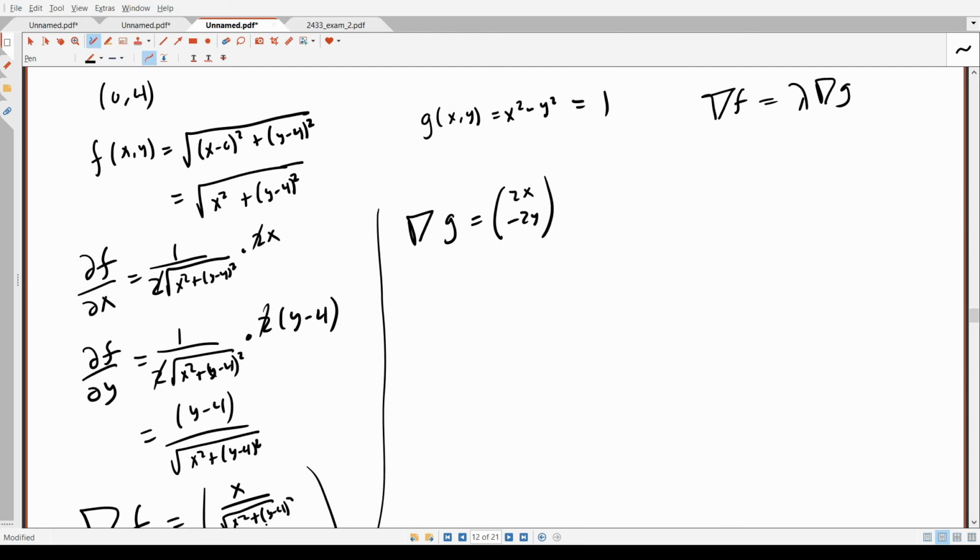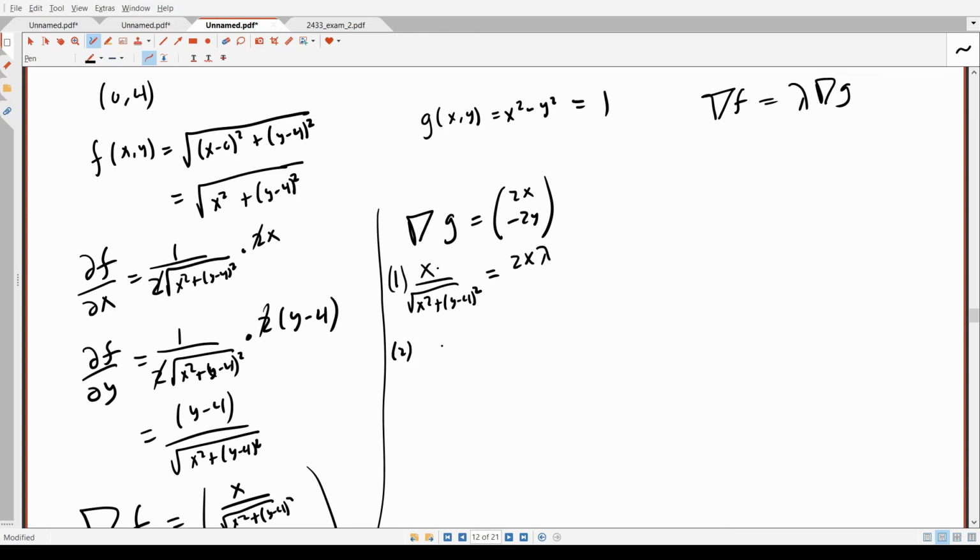So I set the x components equal with this extra lambda. So I have x over square root x squared plus y minus 4 squared equals 2x lambda.